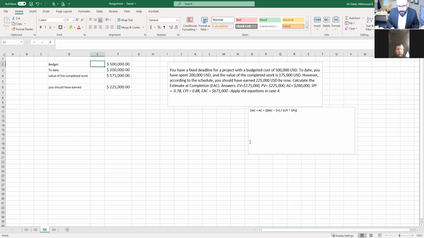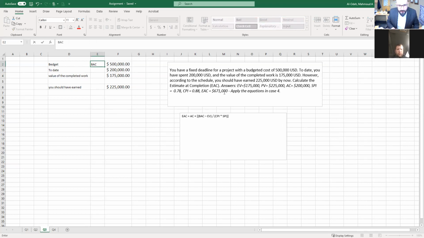Now, starting with the budget, that would be the BAC. 200 is the actual cost. The value of completed work is 175. That would be the earned value.